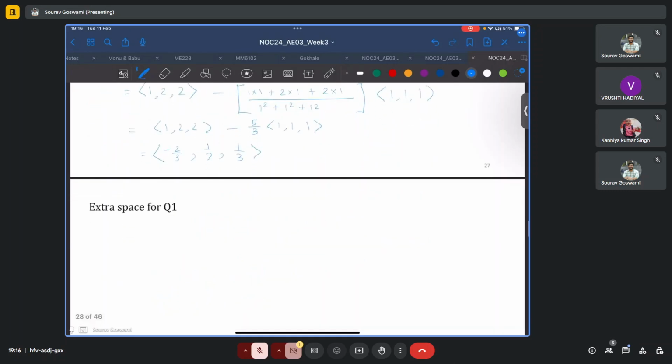How about V3? Remember that V3 is equal to U3 minus the projection of U3 on V1, so U3 dot V1 by V1 dot V1 times V1, minus the projection of U3 on V2, so U3 dot V2 by V2 dot V2 times V2.